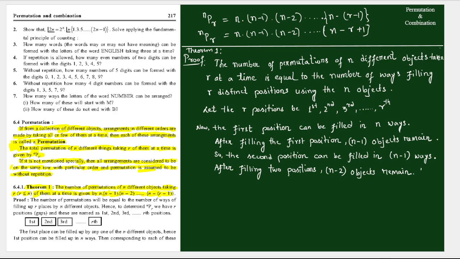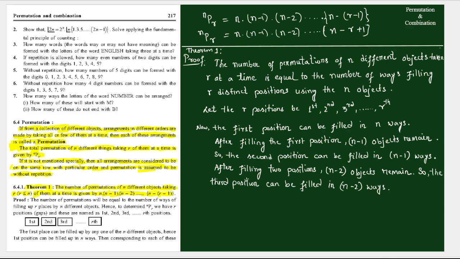So the third position can be filled in how many ways? n minus 2 ways.